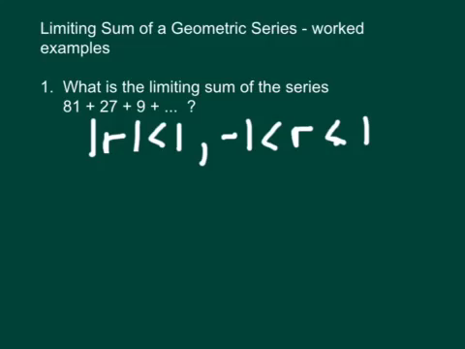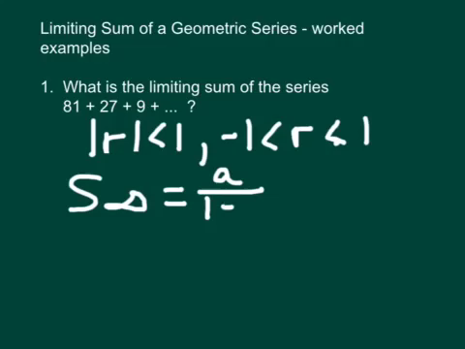So there's a very simple formula in the case of limiting sums, and it goes like this. The limiting sum, that's the infinity sign, or it's supposed to look like that. The sum of an infinite number of terms is simply the first term divided by 1 minus the common ratio. Now here we know that a is equal to the first term, so it's 81.